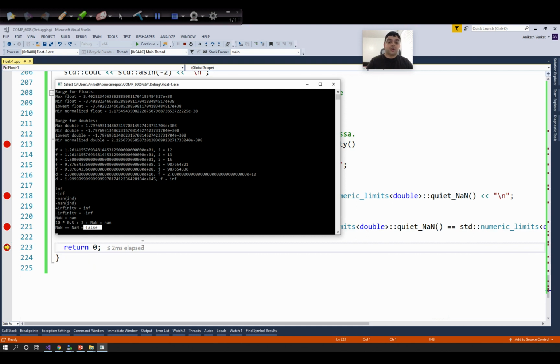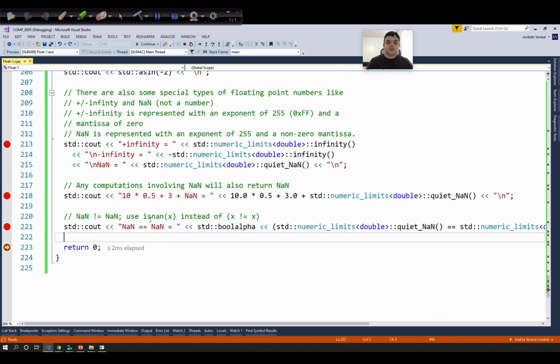If you want to check whether a number is nan, you can use what is called std::isnan. So if you pass a double to isnan, you will get a result either true or false based on whether the number is equal to nan or not. So don't use the equal to operator to compare two floating point numbers, and don't use the equal to operator to compare whether a number is equal to nan. If you want to check whether a number is nan, you should use std::isnan.